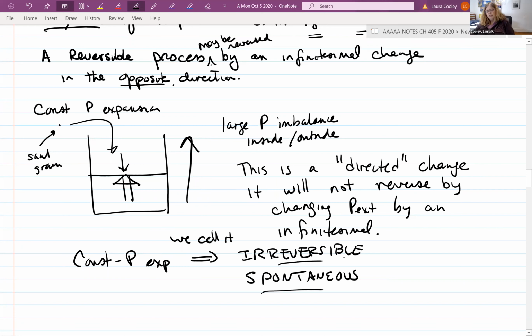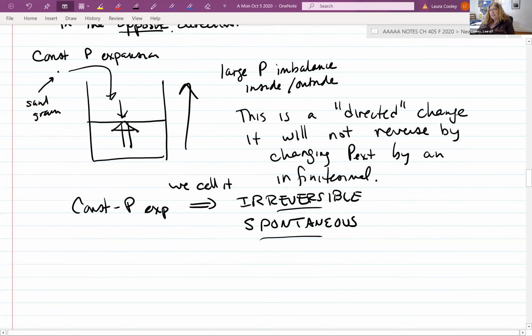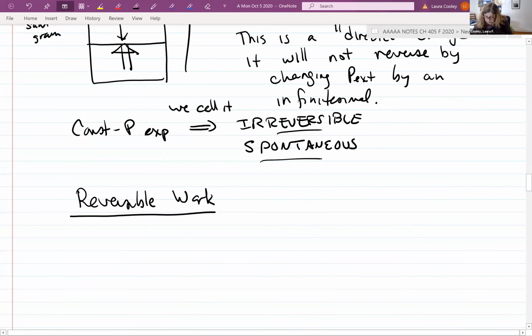It has a particular direction and it's not going to change from that direction. So they're really very different processes, and they have different amounts of work. We've already calculated the work of a constant pressure expansion, so now I'm going to calculate the reversible work. That's the next thing.